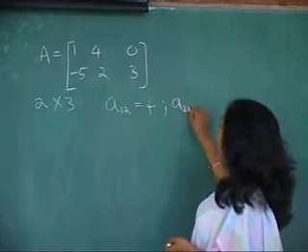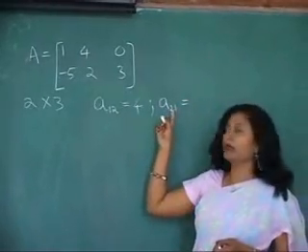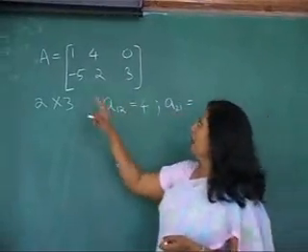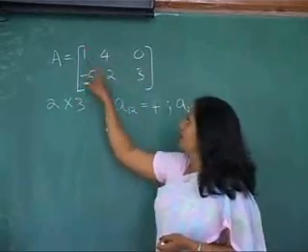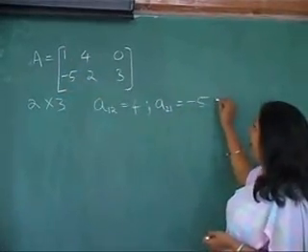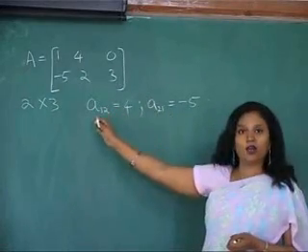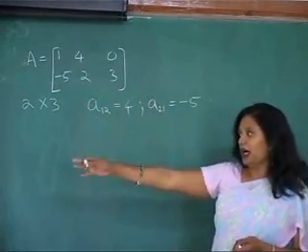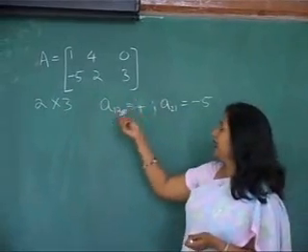Whereas A21, the element in the second row, first column, is -5. So this is the notation that we are going to use for the element of A in the ith row and jth column.